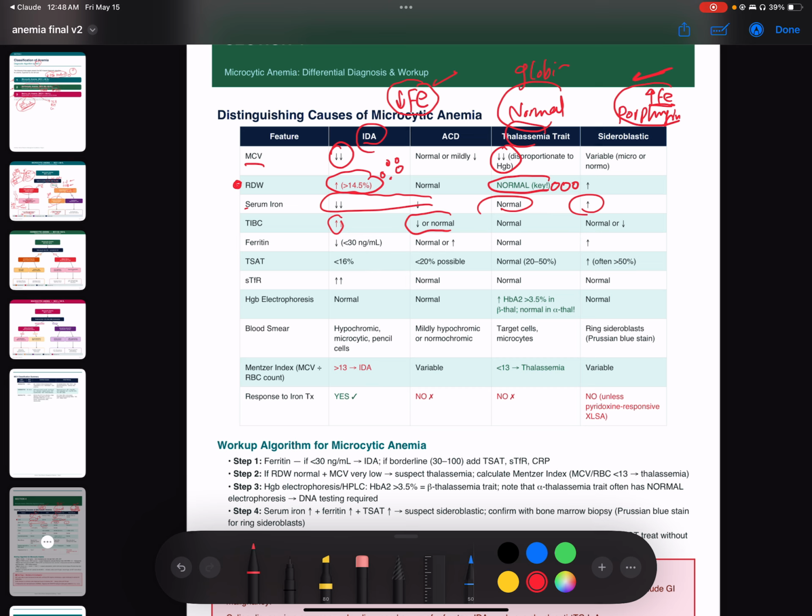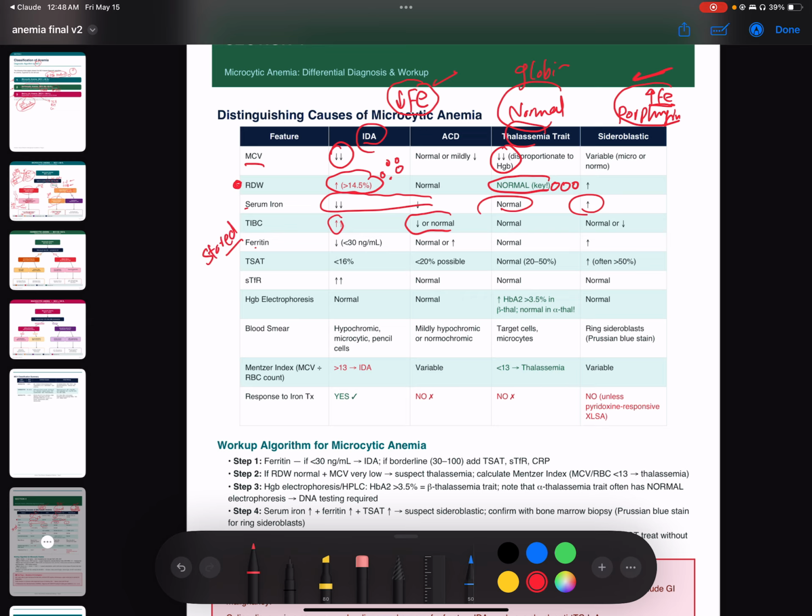Because you have low transferrin to start with. So TIBC can be helpful here because IDA and ACD both will have low serum iron levels, but TIBC will be elevated in IDA, versus anemia of chronic disease, where it will be low or normal.